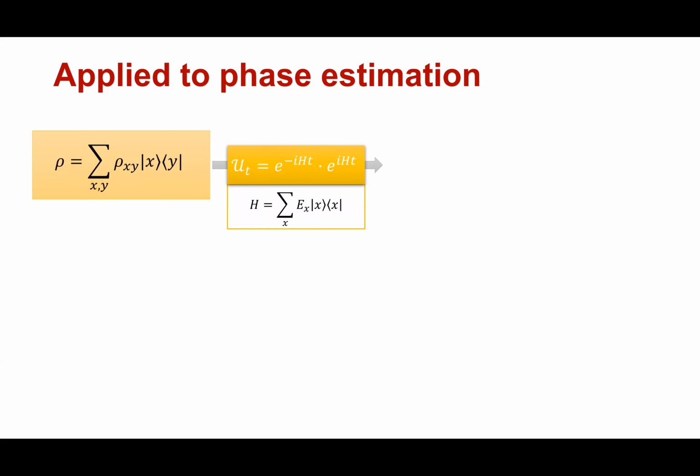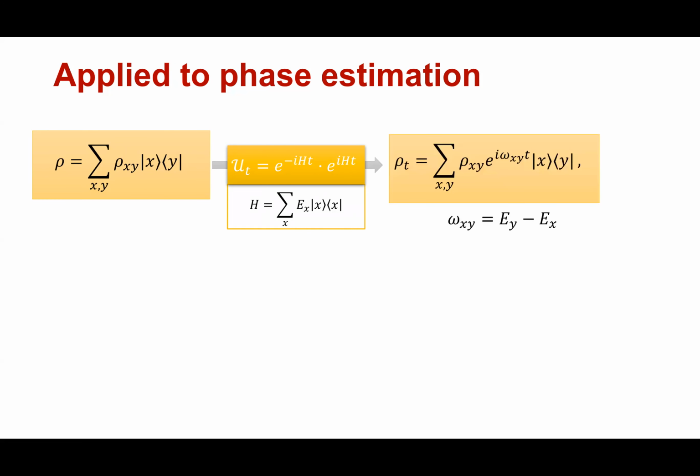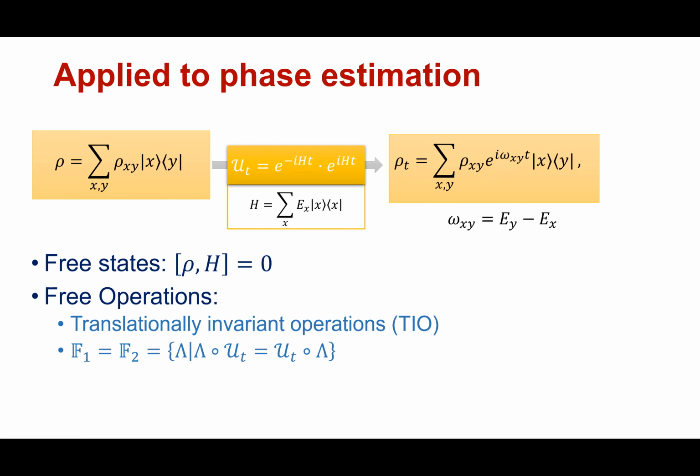And we put this input here, and in the output we get this state which depends on t. And the free states are those whose output state does not depend on t, which means they commute with the Hamiltonian. And free operations should commute with U_t, which are essentially translationally invariant operations.